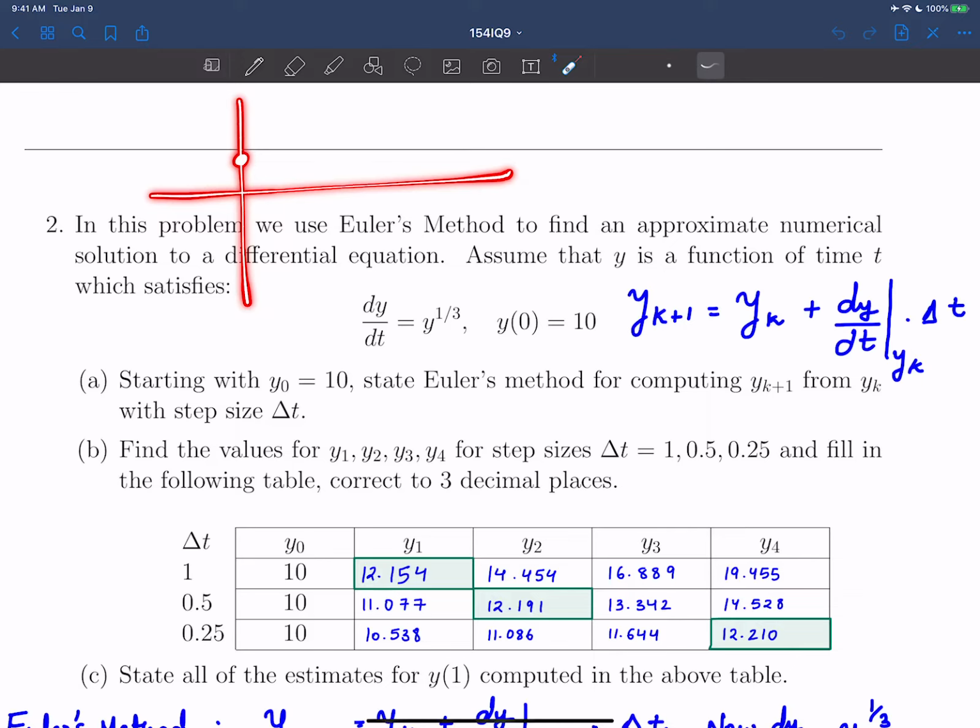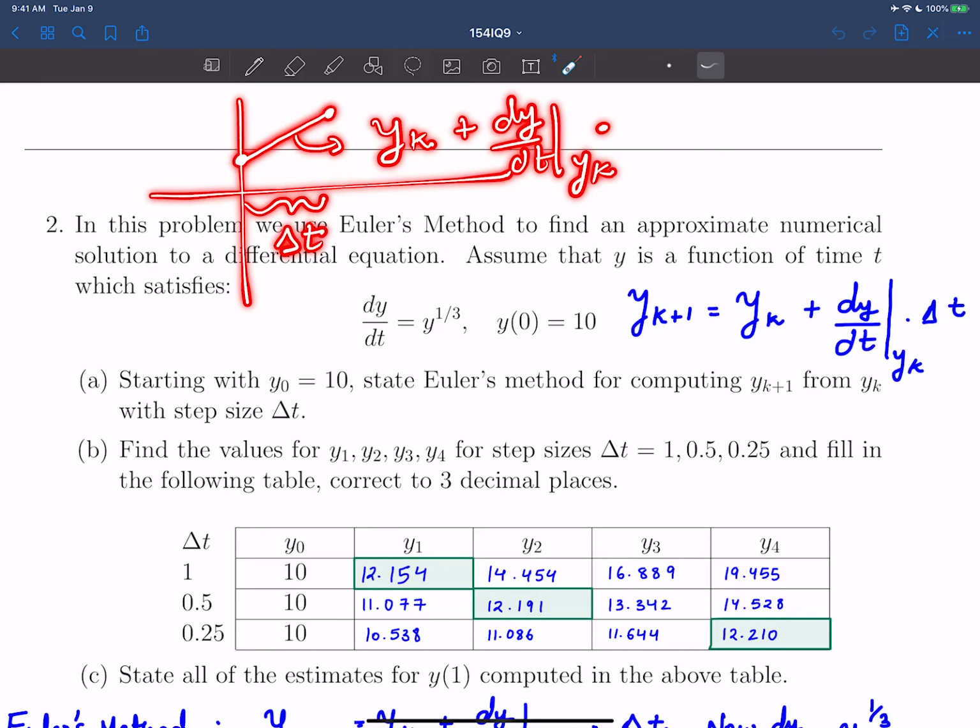To get to the next point, you're drawing a line. That line has an equation y of k, and the slope is going to be the derivative at that y of k times the step you're taking, which is delta t.